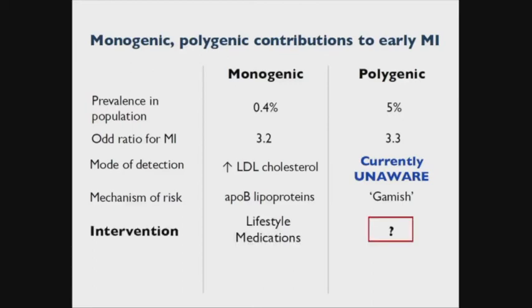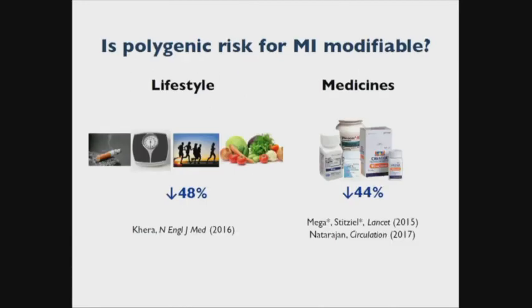Now, what about intervention? We know that lifestyle and medications can modify the LDL and modify the risk of Mendelian forms of MI. What about for polygenic risk? And so we have looked at this, and I think David highlighted our recent work showing that adherence to a favorable lifestyle, even if you have high genetic risk, is associated with lower risk of coronary events, incident events.